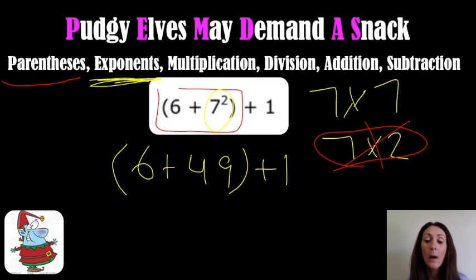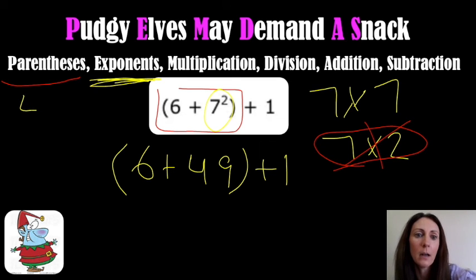Okay, so what did you get as your answer? Okay, let's see if you're correct. 49 plus 6, I'm going to do that over here on the side of my paper.